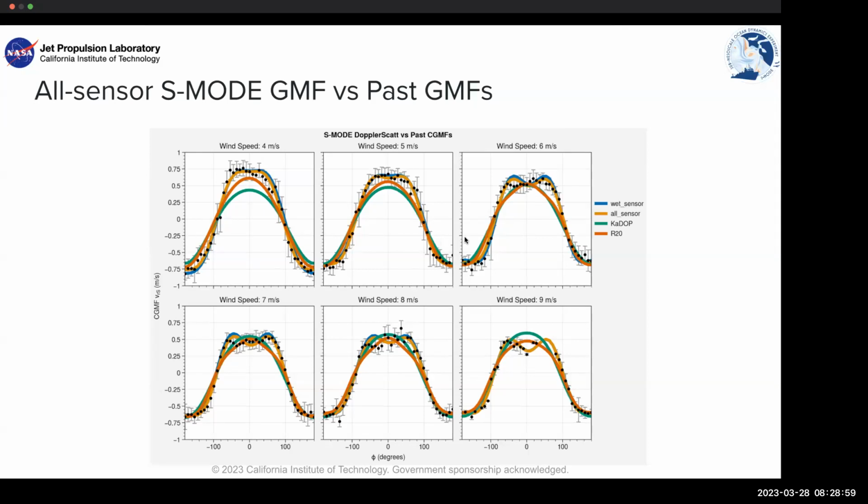And just for historical reference, I've put in something called KDOP, which was the model function developed by Yurovsky using a limited data set in the Black Sea, and an additional geophysical model function that we developed at JPL using limited comparisons against a sensor that was operating on the same principle as DOPVIS. You can see that there are certainly differences at the lower wind speeds, but in the upwind and downwind directions, they're not too different from the historical one.